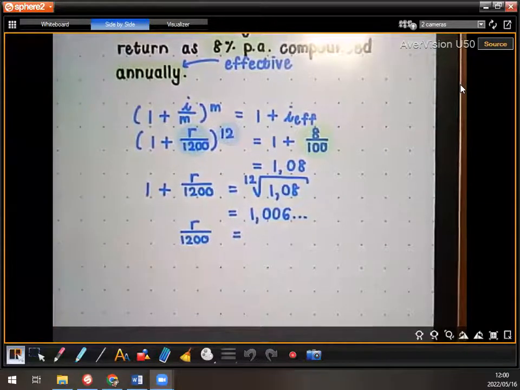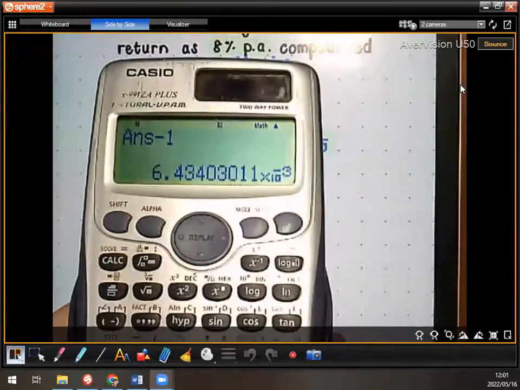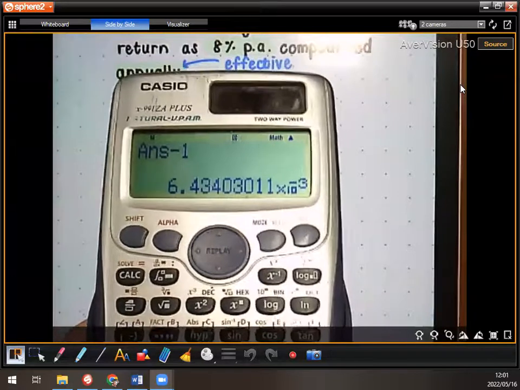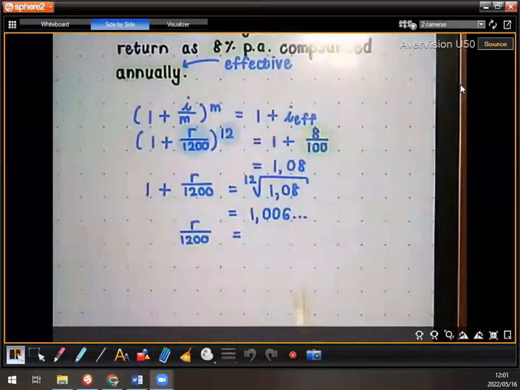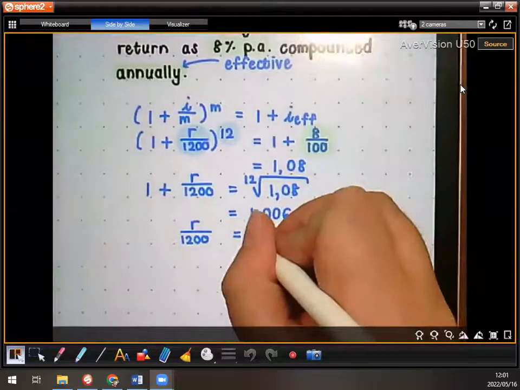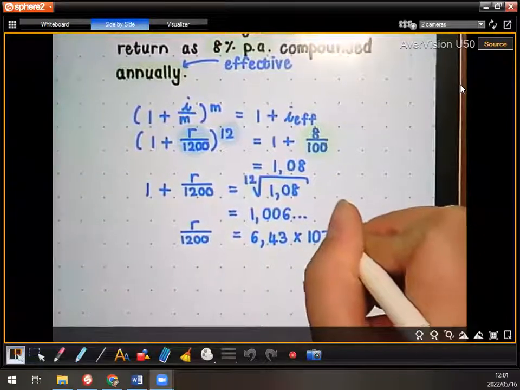So guys, when you type that into the calculator, I want you to get it right. The calculator is going to give you the answer in scientific notation. And often if you get a value like this, you think immediately, oh, I've done something wrong. Not necessarily. You can write this down if you want to: 6,43 times 10 to the negative 3.